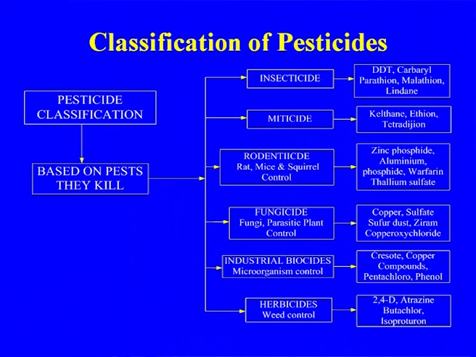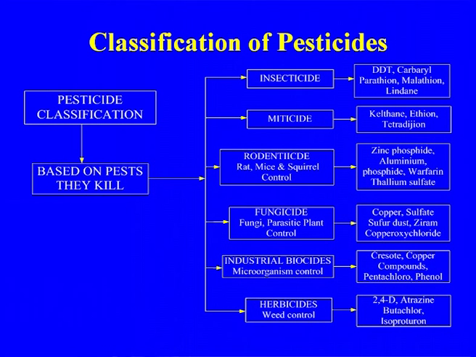Based on the pest: insecticides, DDT, parathion, carbaryl, malathion, lindane; then the miticides, kelthane, ethion; rodenticides for rat, mice and squirrel control; fungicide for fungi and parasite plant control; industrial biocides for microorganism control; and herbicide for weed control.